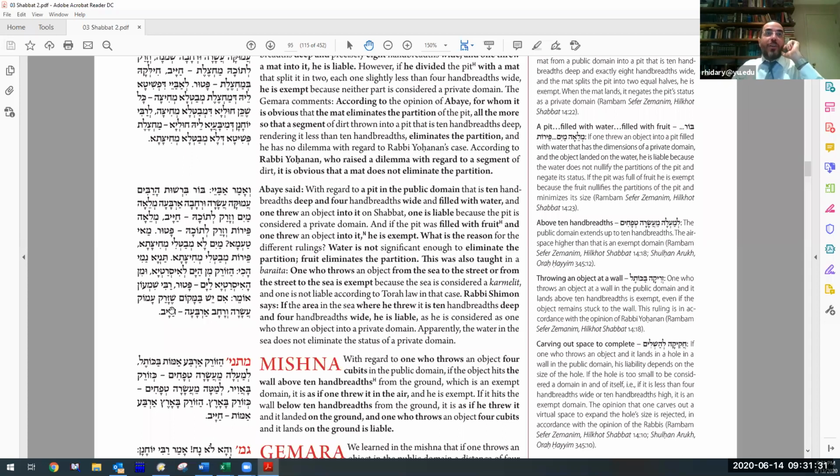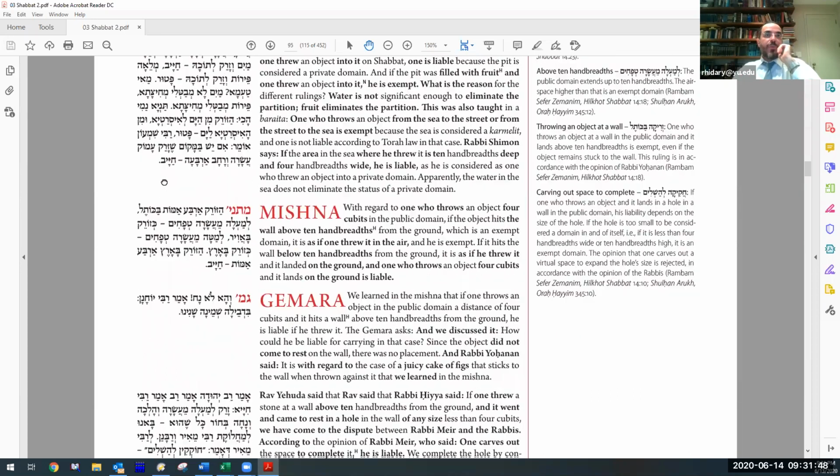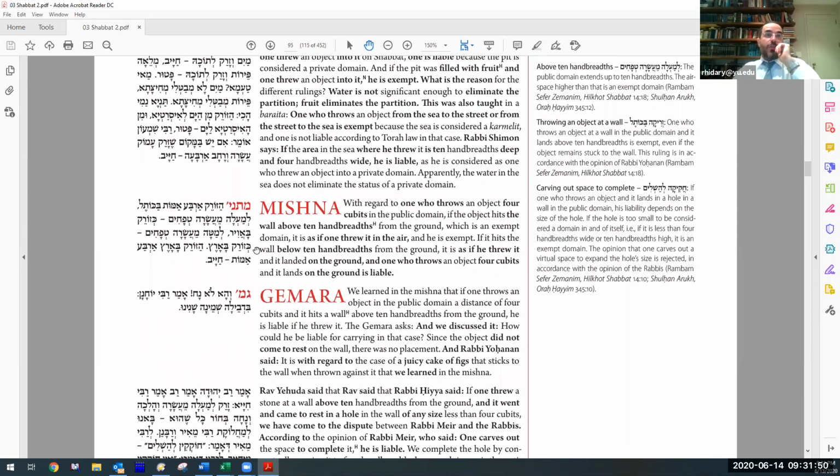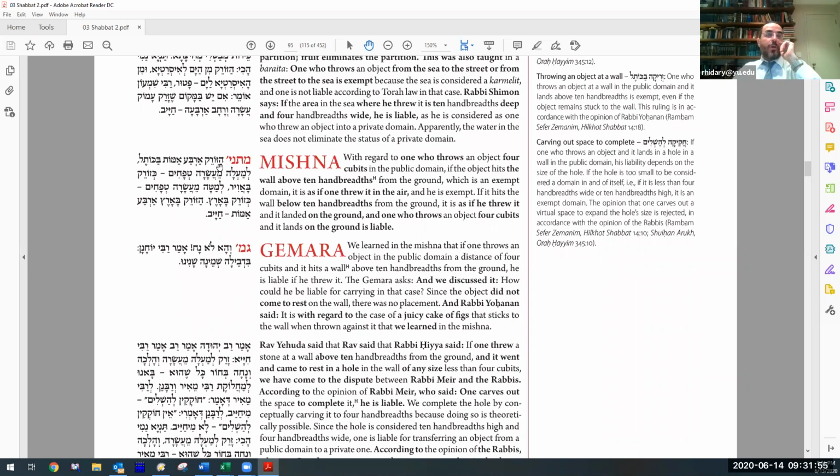Because he agrees that filling up with water is not considered filling up. Water is not a filling substance. If I would throw something right on top of that, it would sink all the way down into that hole. And so it's really the floor bed that I am measuring from. And so that fits with what he said here. Okay, so that's quite interesting. Okay, Mishnah, we'll get still more about water, although we're going to a new Mishnah.